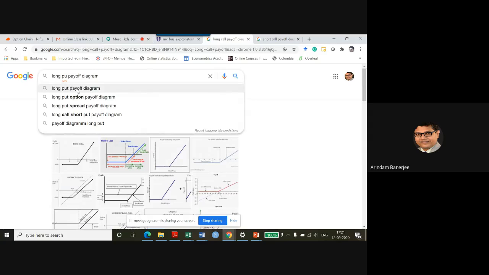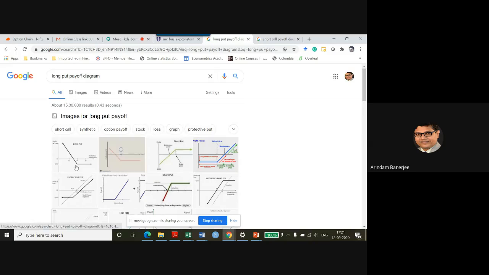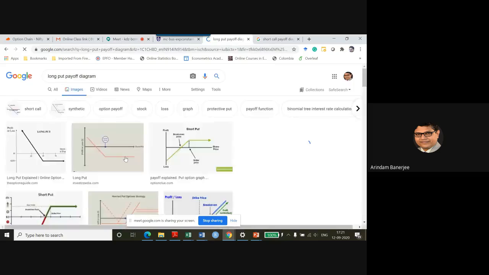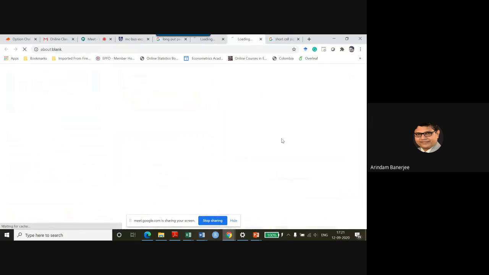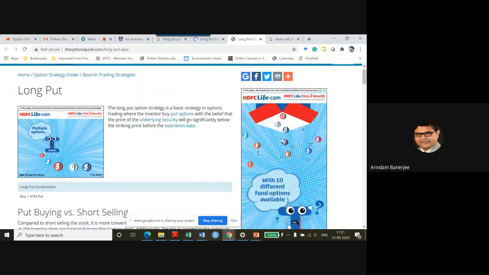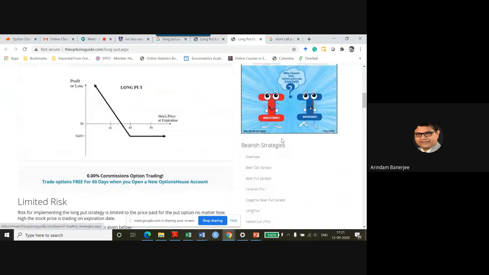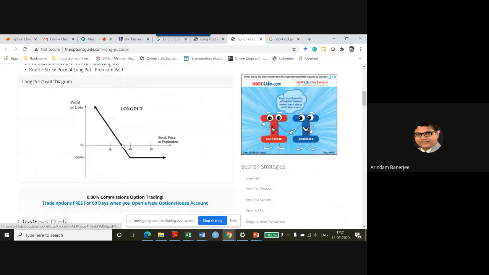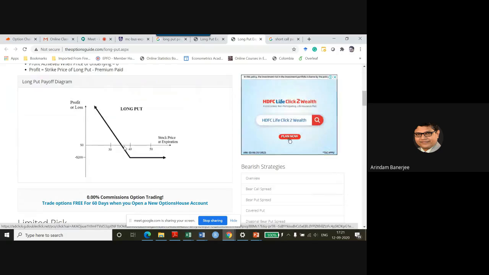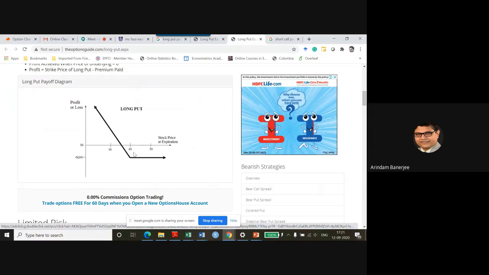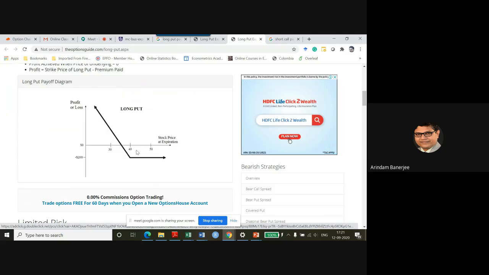If I look at this diagram, this is long put, right? Put is the right to sell. So here the strike is 40. Suppose I am the put buyer.